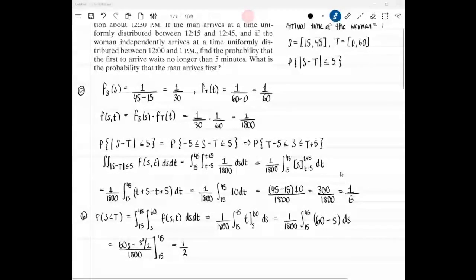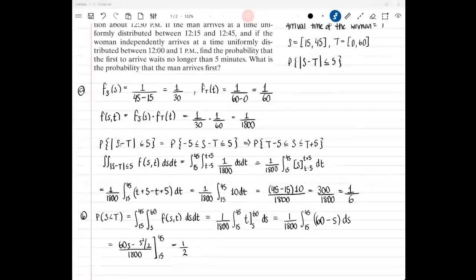And to find the desired probability in the question, I expanded on the bounds of it for T. And I set it up as 45 to 15 and then T plus 5 and T minus 5 for the bounds. And I took the integral of T, and I took 1/1800 out as a constant, and it simplified to 1.